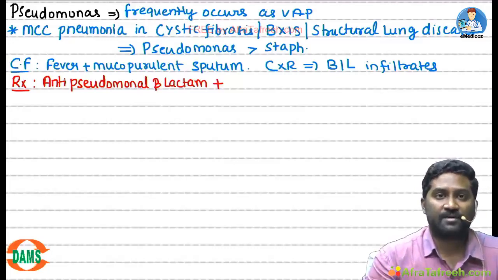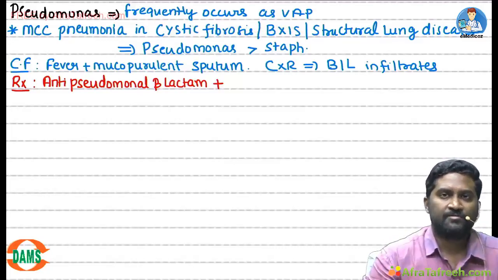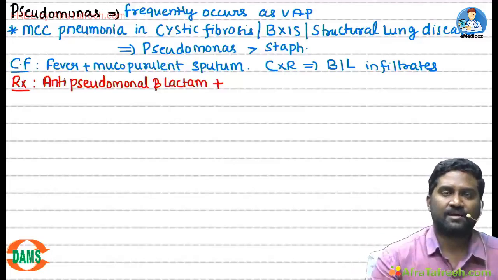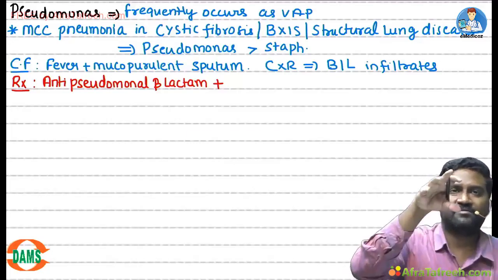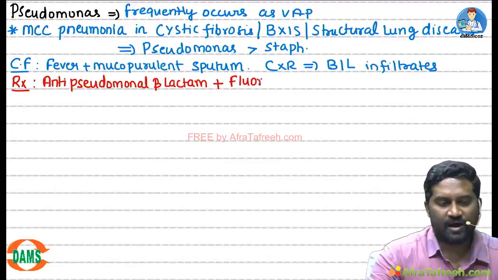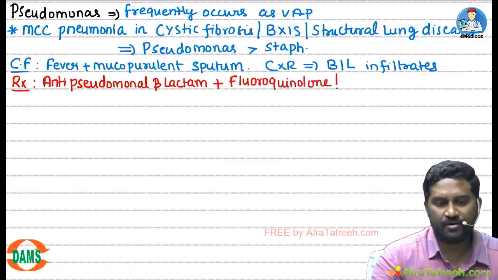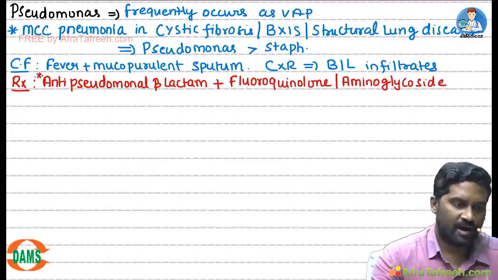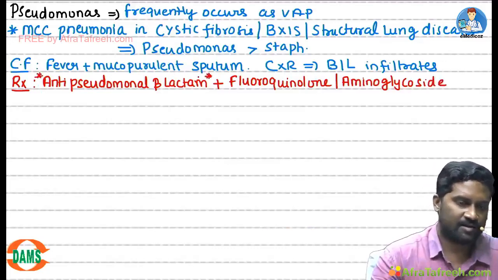We have piperacillin tazobactam, cefoperazone sulbactam, meropenem. So all these higher beta-lactams will be required for treatment of Pseudomonas. Along with that, you should add a fluoroquinolone or aminoglycoside. Most important will be the anti-Pseudomonal beta-lactam.